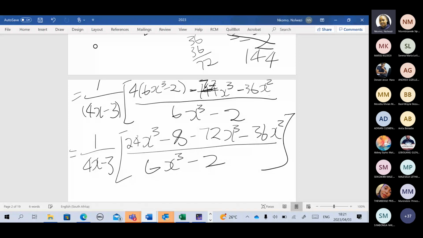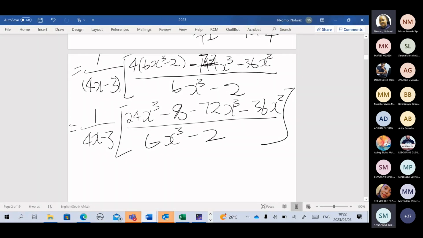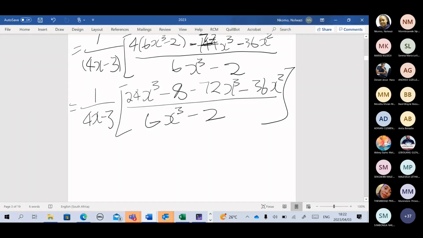Okay, we have 24 and 72. Is it minus 48? It's minus 48x cubed.